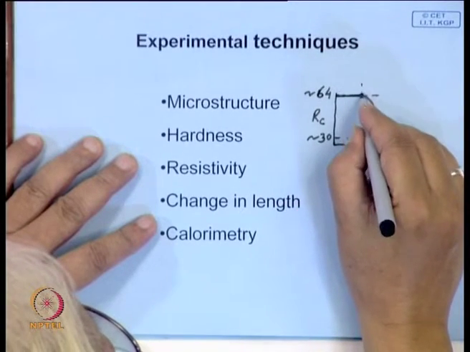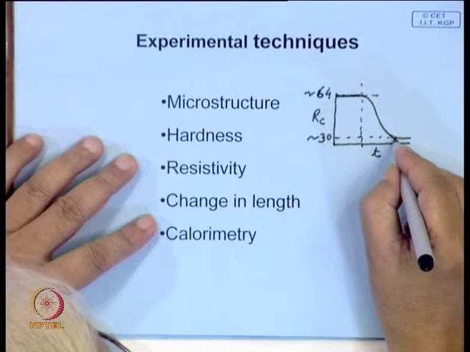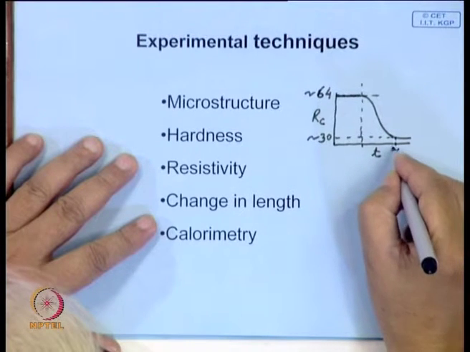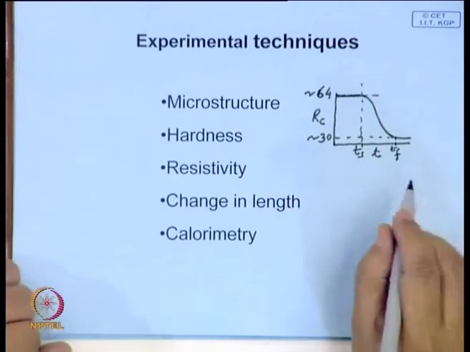So, here from this plot you can say this is the start of transformation, this is the finishing point of the transformation TF, and this is the starting point of the transformation.